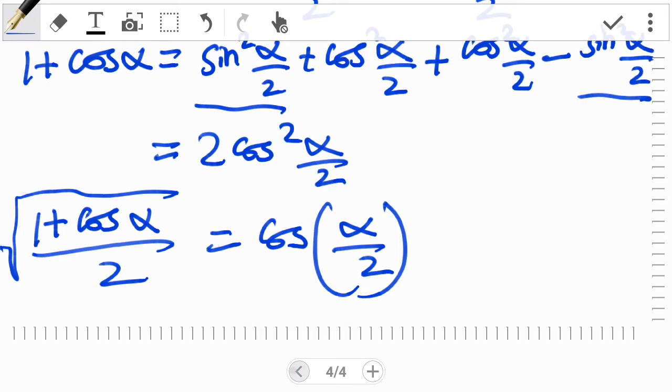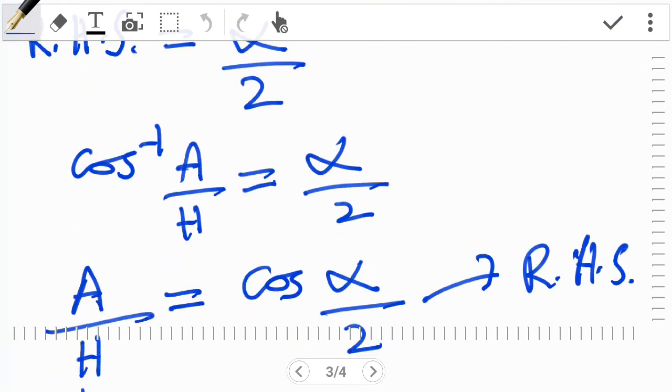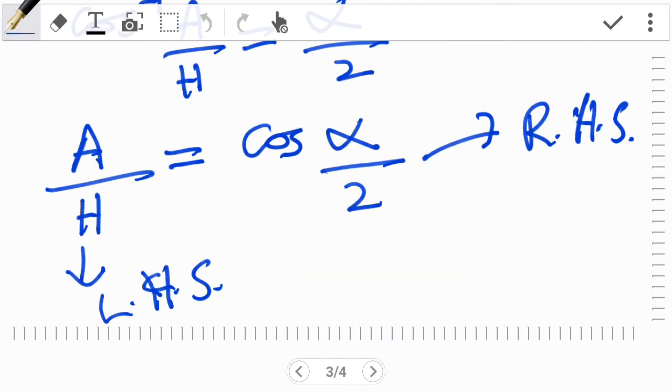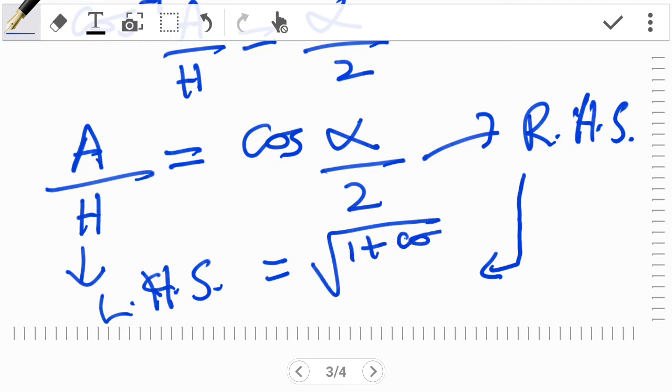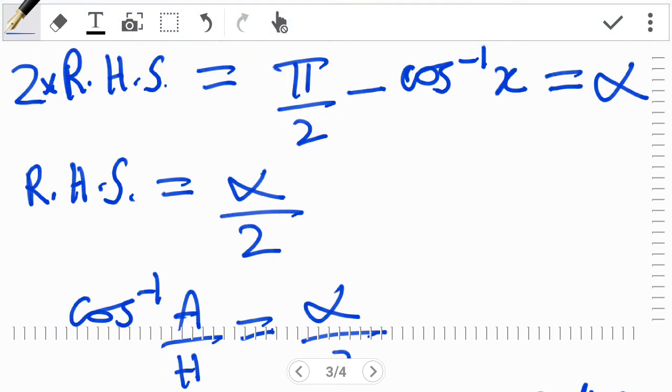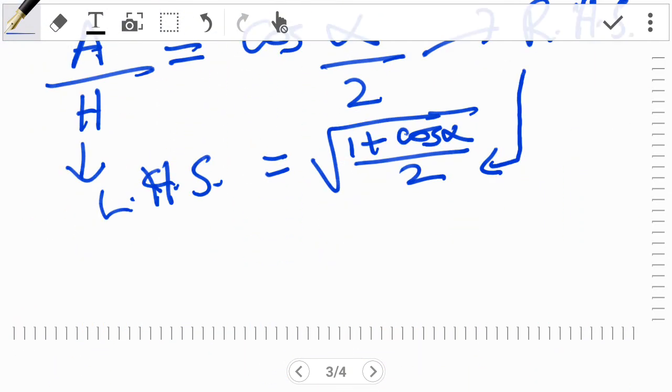So the RHS, which was cos alpha by 2, can also be written as root of (1 plus cos alpha) by 2, right? Now what is alpha? Alpha we have defined here, right?